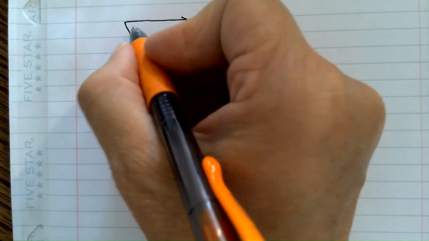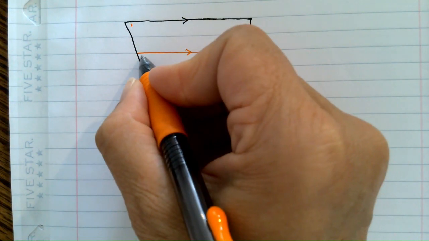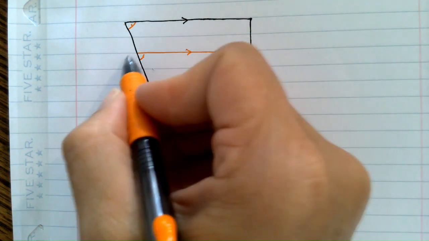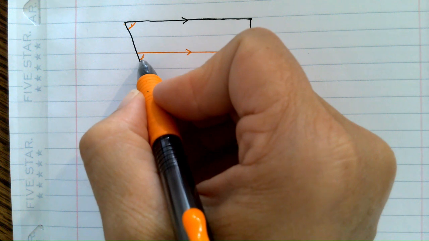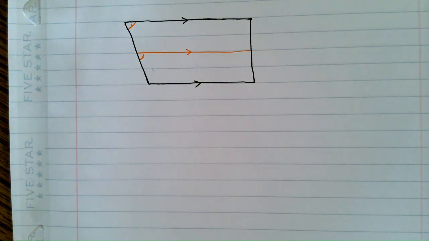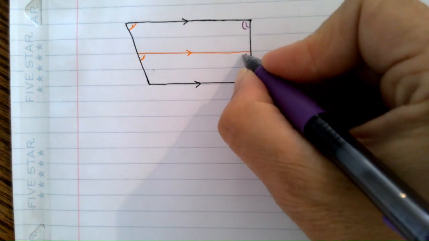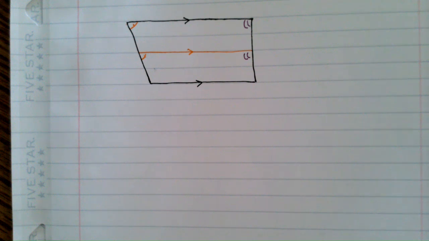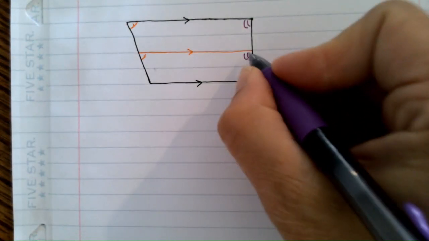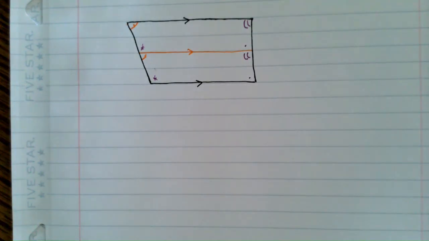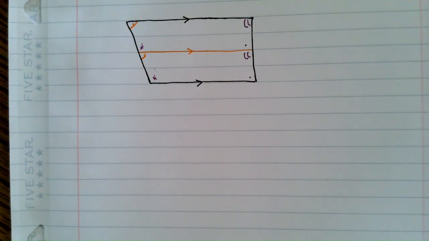Okay, so remember, however big this angle is and this angle is, they're going to be congruent. And the reason is when you have parallel lines cut by a transversal, the corresponding angles are congruent. So therefore, however big this angle is how big this angle is. And could we do the same from here to here and here to here? Absolutely, yes. We can get all those angles. If we know one, we can really get all of them because of parallel lines cut by transversal.